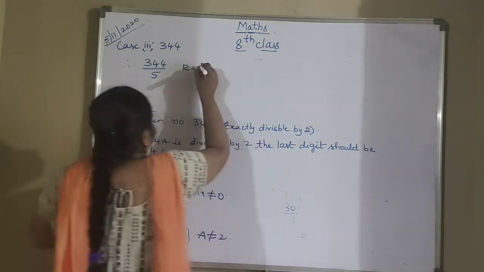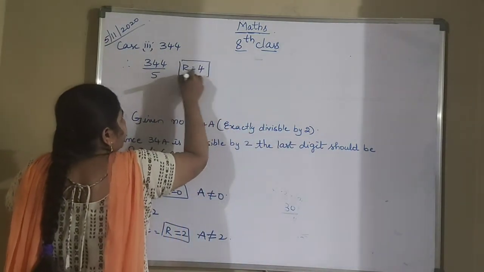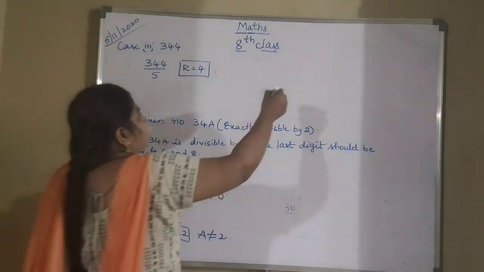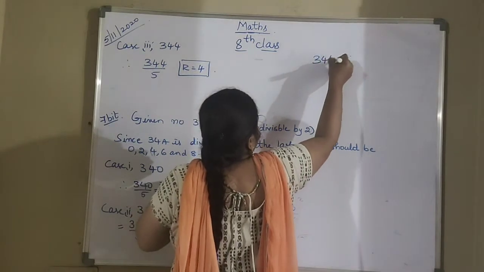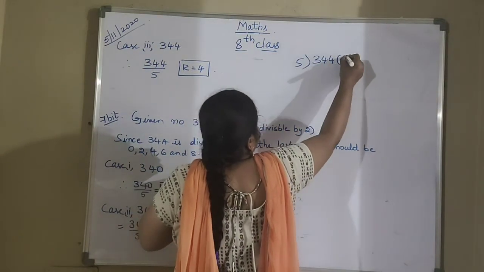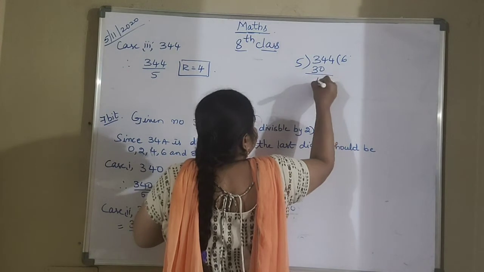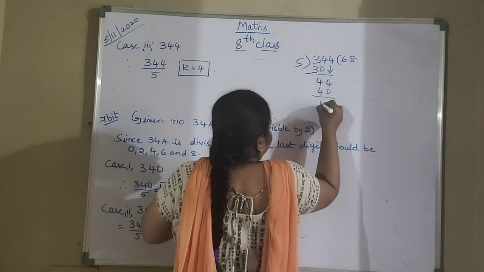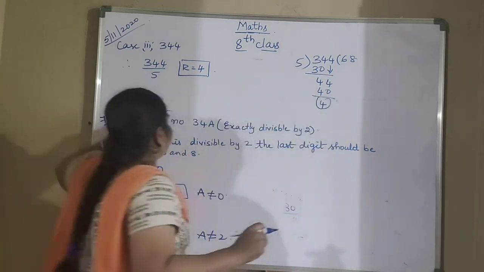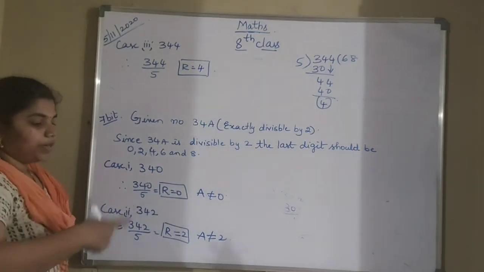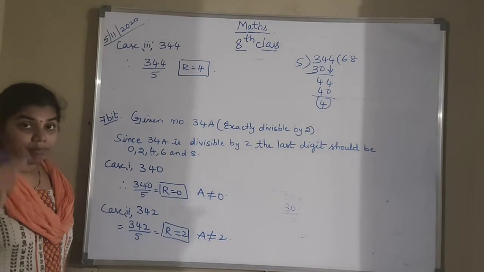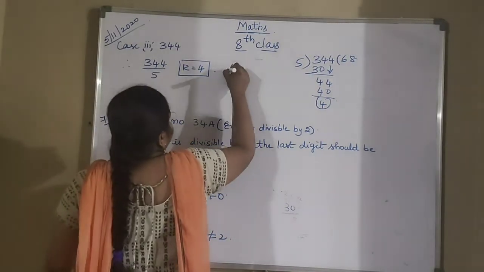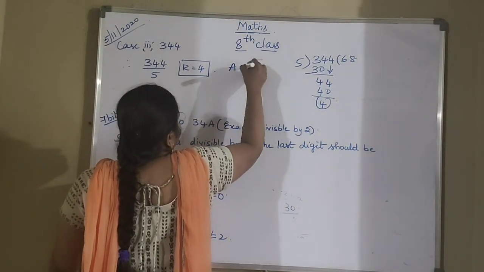That will be 4. You can divide and see here. 5 6s are 30, 5 8s are 40. You got the remainder as 4. But in the question they told that it leaves the remainder 1. So a is not equal to 4 also.